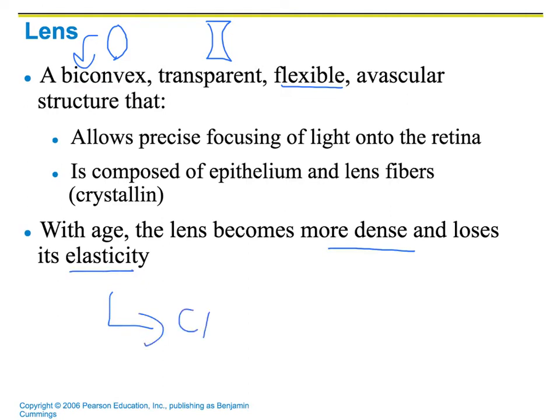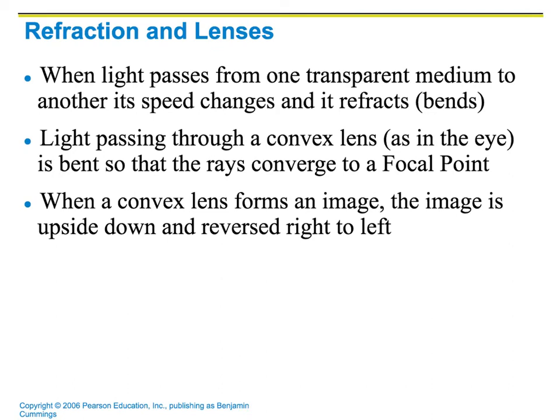And this dysfunction is termed cataracts. And they can replace your lens with an artificial one with surgery. The rest of the PowerPoint is on how this lens acts in vision.